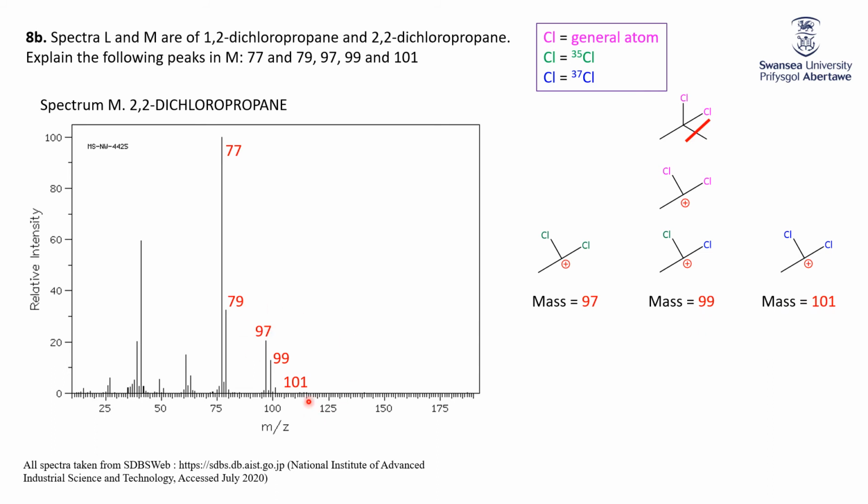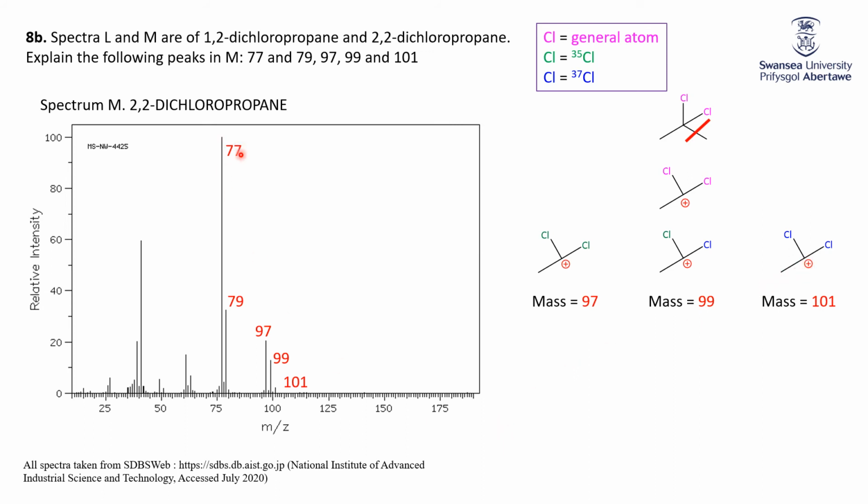Why do we see the 101 here? Because these are a little bit stronger than they were in the previous spectrum, because, and while it's dangerous to compare heights from one spectrum to another one, you've got this tertiary carbocation that you get when you lose the methyl group, which is a particularly nice one there.